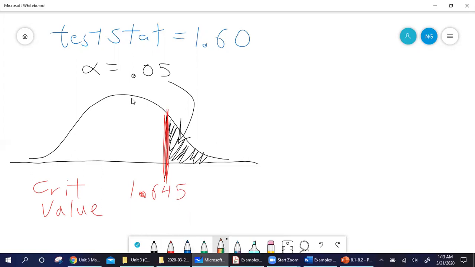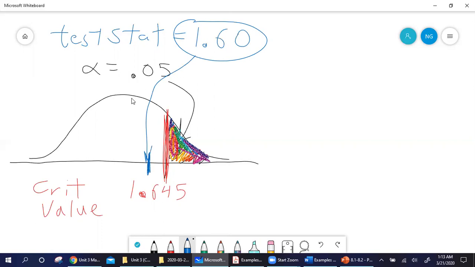Anything in this region beyond the critical value is considered weird, hence all the weird colors. Well, my test statistic of 1.6 would be just a little bit short, not by much, but it would be here. So it's not in the critical region, so it's not weird. It's real close, but it's not weird.